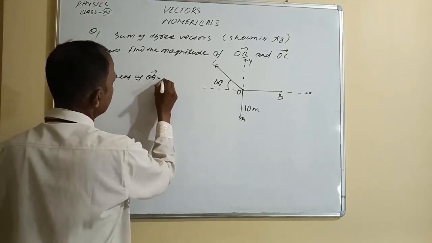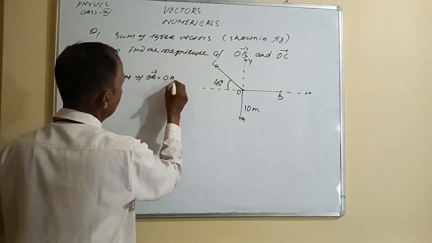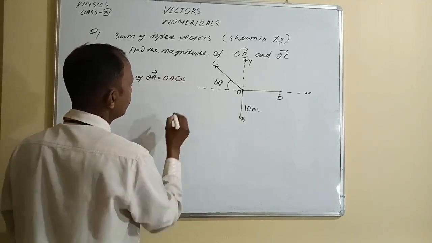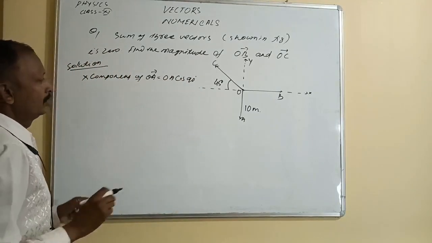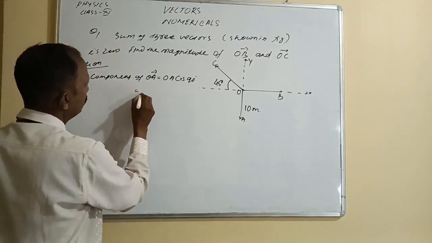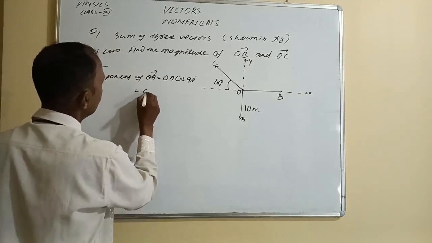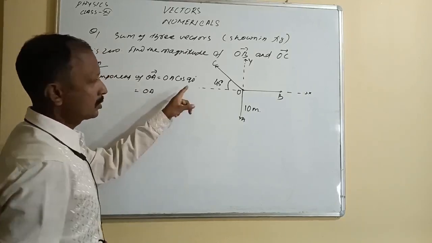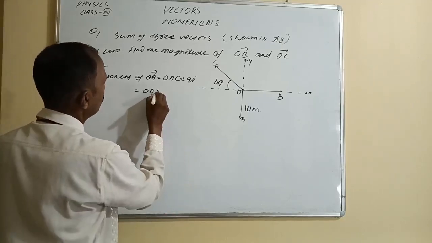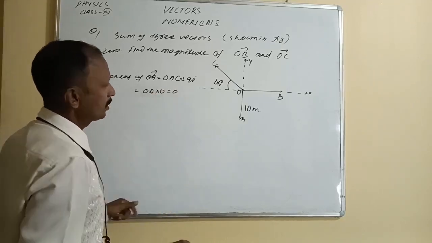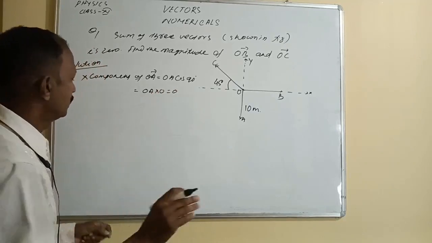So I can say this is equal to OA cos theta, that means cos 90 degree. This is equal to OA cos 90 degree is equal to 0. That means its x component is 0.